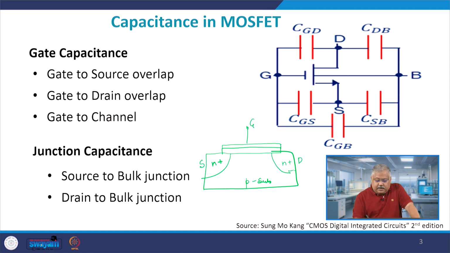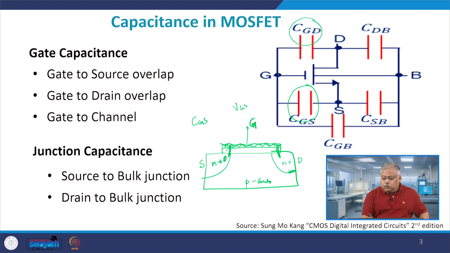If you apply a positive gate bias VGS, then this metal will be full of charge carriers, and you will also have charge carriers here separated by a dielectric at these two points. So, this is my CGS, gate to source, and this is my gate to drain, CGD. If you look at the gate and the source, the capacitance between them is because of this overlap. Similarly, gate to drain is nothing but the overlap between gate and drain.